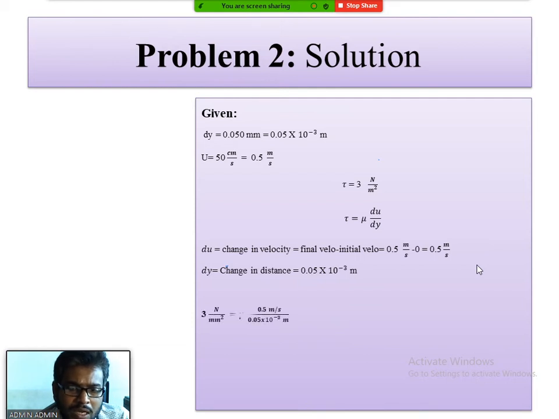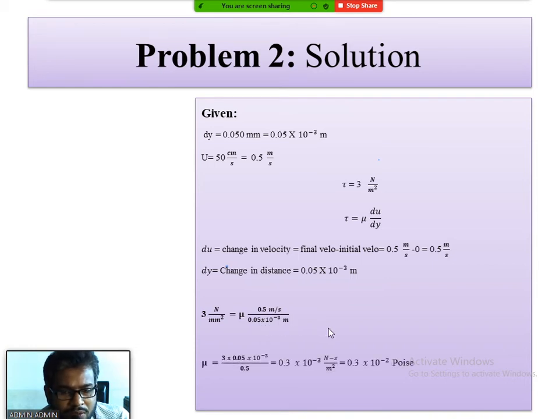Put down the values in the formula and calculate. Here the tau value is 3 Newton per meter square, the change in velocity is 0.5 meter per second, and the change in distance is 0.05 into 10 raised to minus 3.